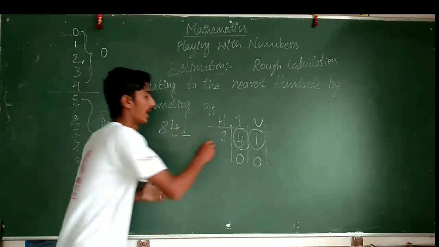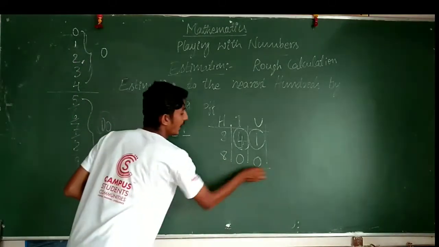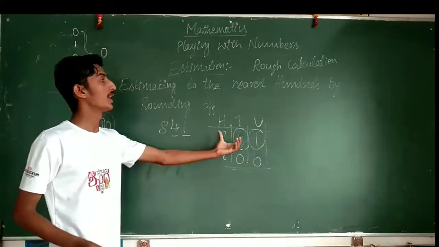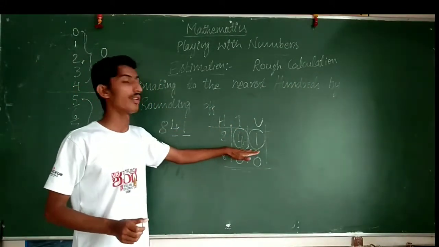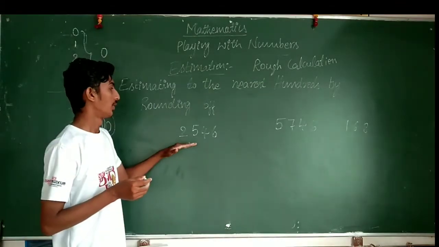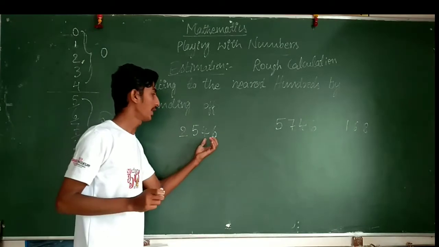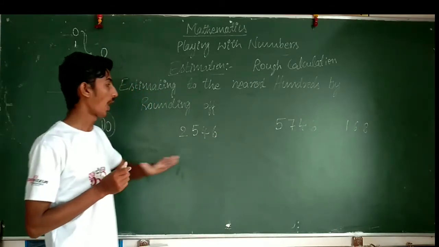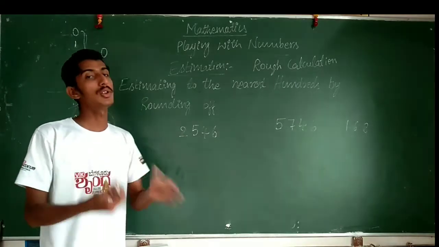And the hundreds place is 8. That means 800 is the nearest hundreds by rounding off 841. Understand? For example, they give 2546. We have to break it down by the place value chart. How?